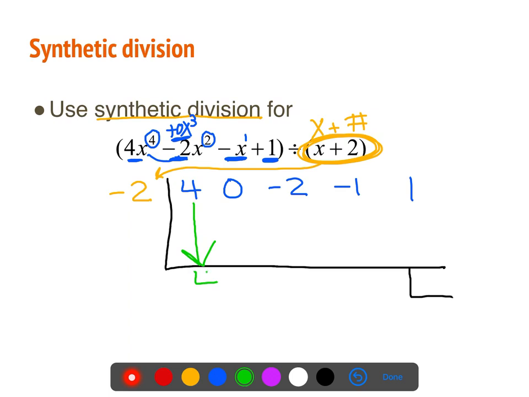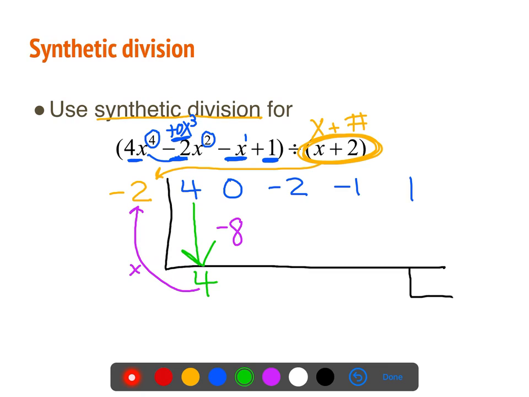Now that I have everybody in the right place, I'm going to start my synthetic division. It's kind of like regular division. It's just in a kind of different order. The way it works is you bring down your first number to the bottom row. Every time, bring him down. Then you take whatever's on the bottom row and you multiply it by the outside.